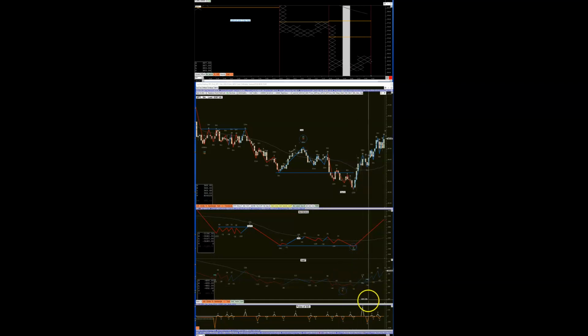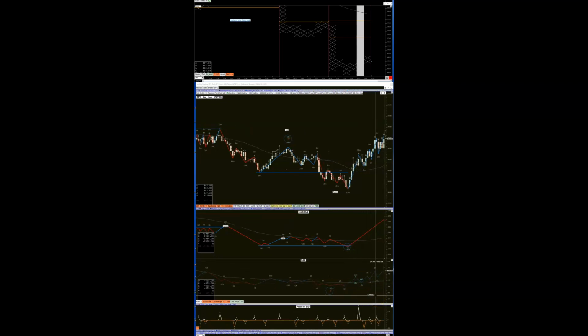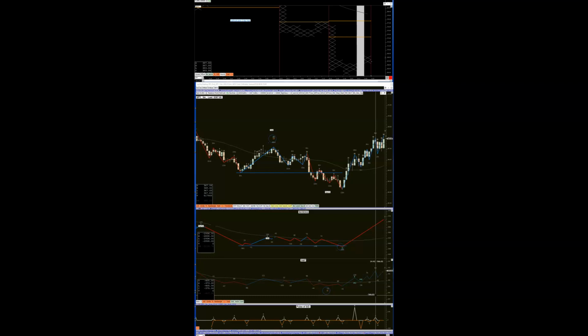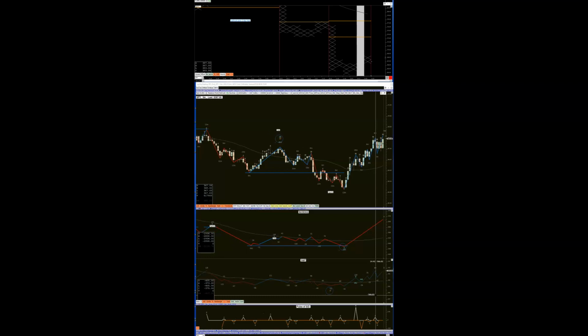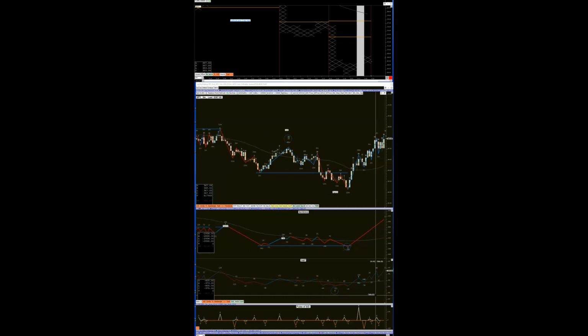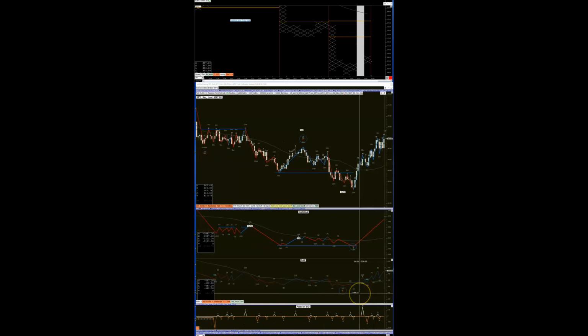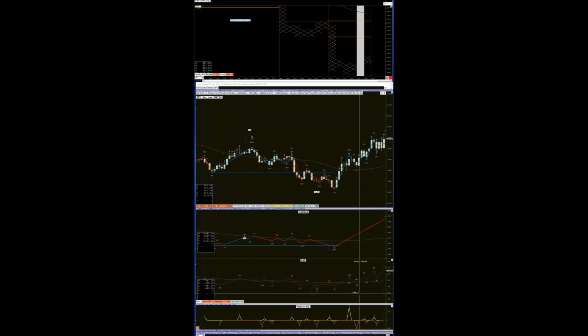Now you take the longs, in my book, especially after this high volume up move. What does that mean? It means, let me see, volume came here.